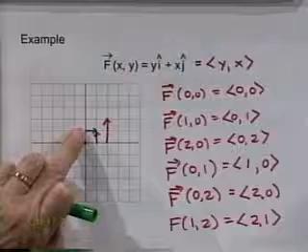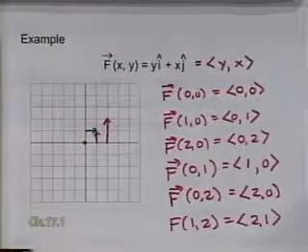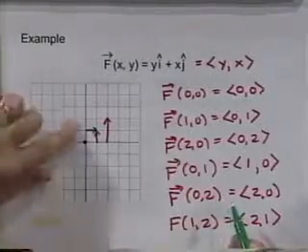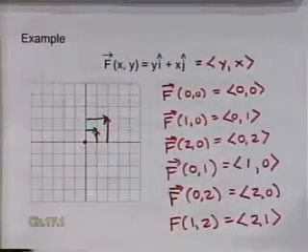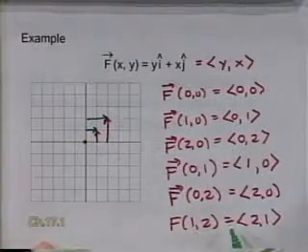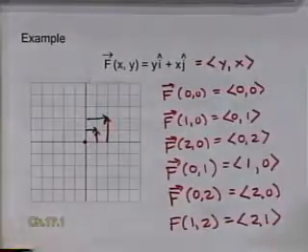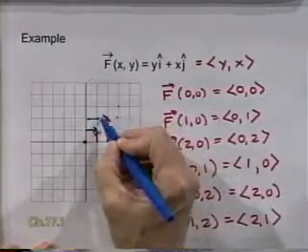And notice I'm drawing these output vectors with their tails starting at the point for which they're the value of that particular point. F of 0, 2, 0, 2's here. That's vector 2, 0. It goes like this. And finally, if I wanted to do f of 1, 2, notice 1, 2 is right here. I'll use another pen for that. That's the vector whose x component is 2 and y component is 1.